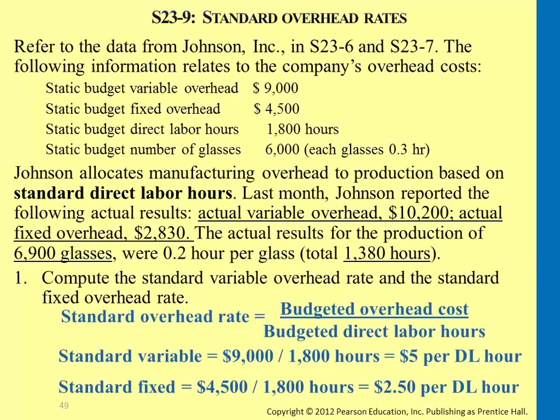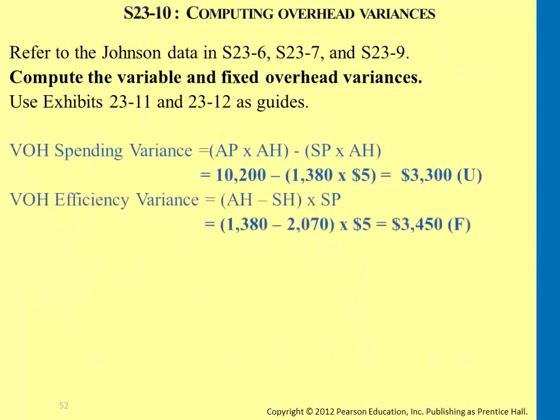We want to compare this with the budgeted numbers, right? So we have the budgeted rate, and the original budgeted hours is how many hours? 1,800. So the actual cost minus 1,800 times the budgeted rate, 2.5, that should give you the answer for spending variances for fixed cost.